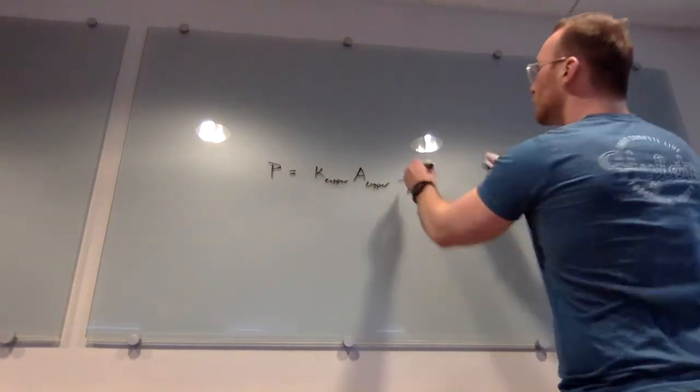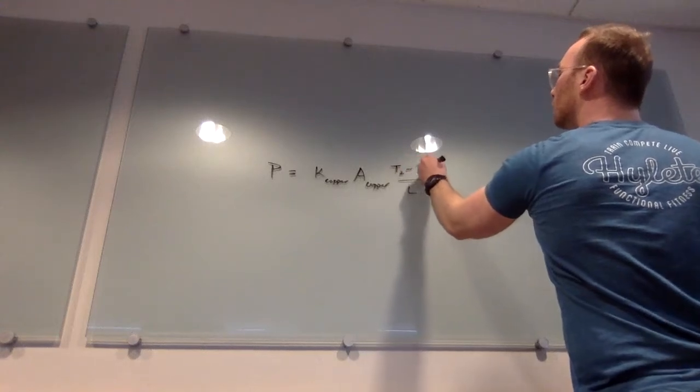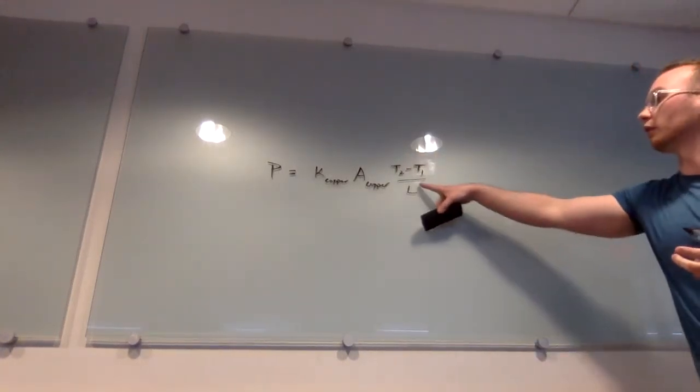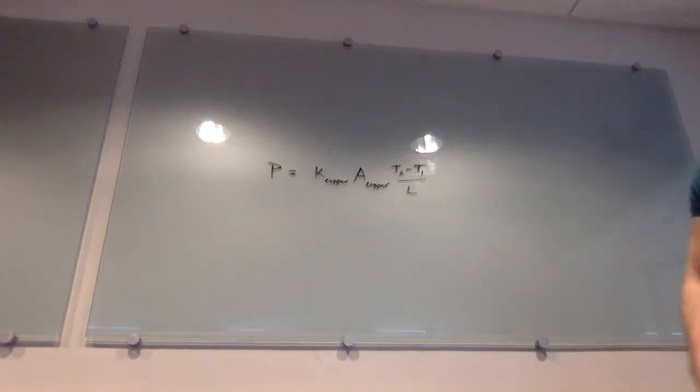And then delta T is obviously going to be T2 minus T1, whatever the materials were. There's a big one and a small one. Copper, aluminum. Yeah, copper, exactly.